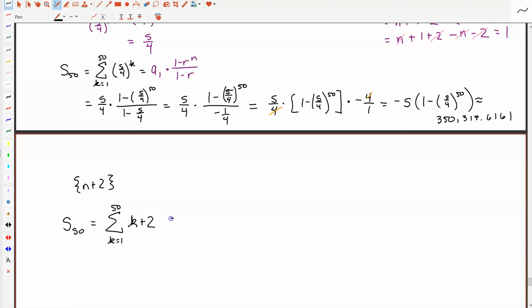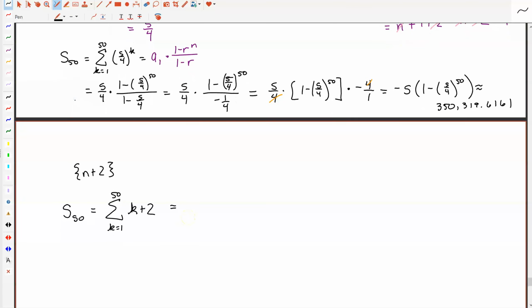Now, as a reminder, we had some really cool formulas that told me what these various sums were going to be. And we had some properties that we were able to use. So the first property is I'm going to take this sum and I'm going to break it over two different summations. So I'm going to have the sum from k is equal to 1 through 50 of k plus the sum of k is equal to 1 through 50 of 2. All right, so I'm going to be summing this constant.